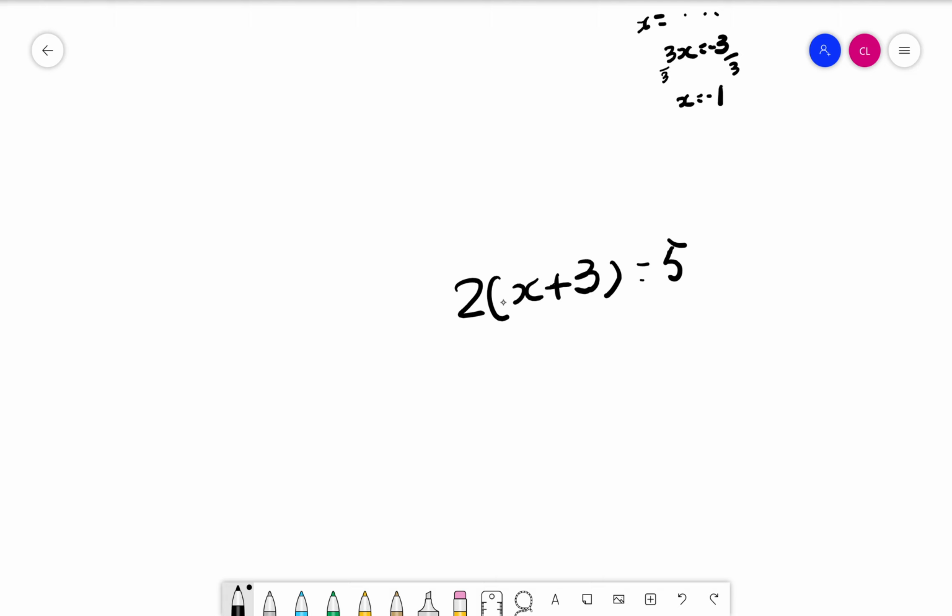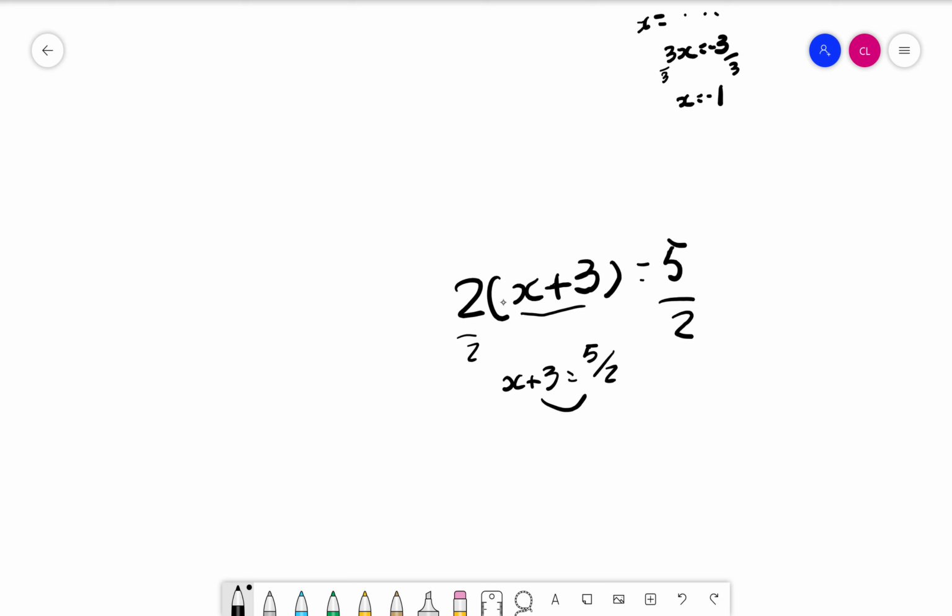I mean, to be fair, you can also just divide by 2 on both sides. So one method is that you cancel out the 2 from both sides. Remember, there's an expression here and you can't randomly take away an x from inside the bracket. So then it would become x plus 3 equals 5 over 2.